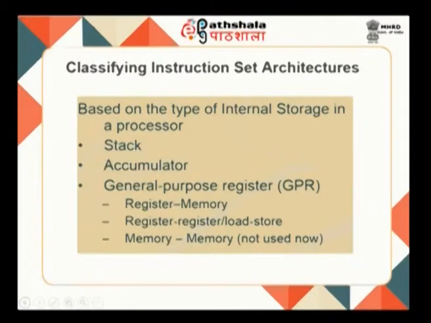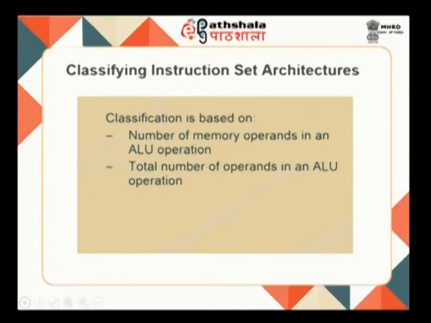All the RISC architectures follow the load store ISA or the register ISA. So, the classification is based on the number of memory operands in an ALU operation. When you look at a memory ISA, you can have all operands specified as memory operands. When you look at a register ISA, you cannot specify any of the operands as memory operands. When you look at a register memory ISA, one of the operands can be specified as a memory location.